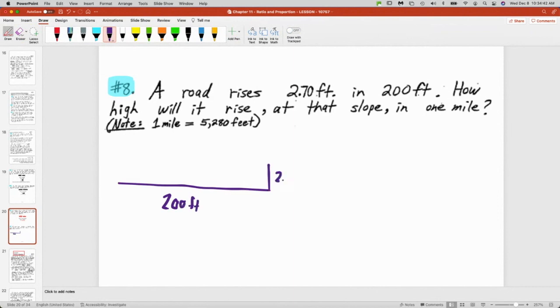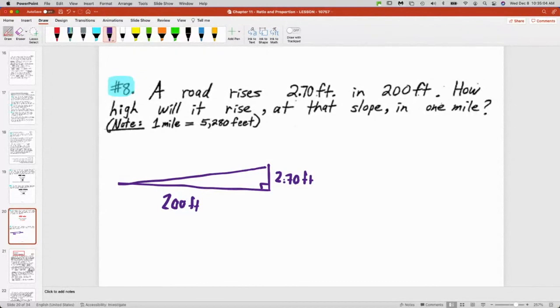The road will rise, and this is not to scale, 2.70 feet. You don't need to draw the triangle. I'm just trying to show you that you could use similar triangles here if you like. It says here, how high will the road rise at that slope in 1 mile?